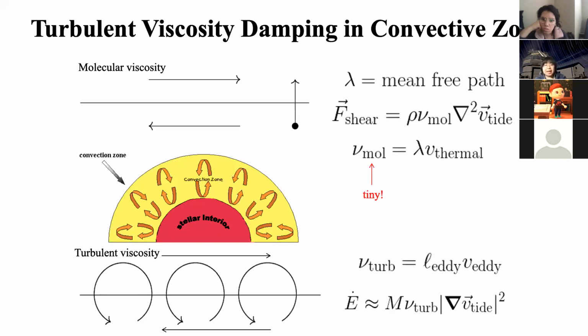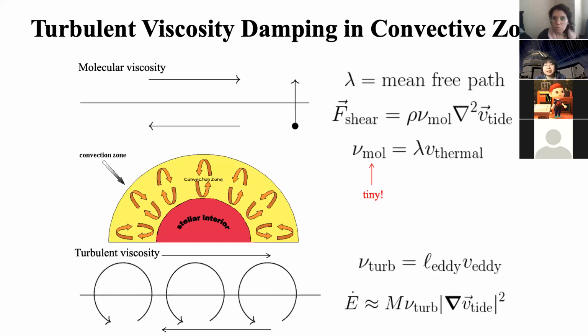If we have a test molecule in the lower layer and it moves upward, it carries the momentum towards the left. So it will decrease the momentum when it moves to the upper layer. During this process, a shear force can be generated, and we need a molecular viscosity to calculate this shear force.